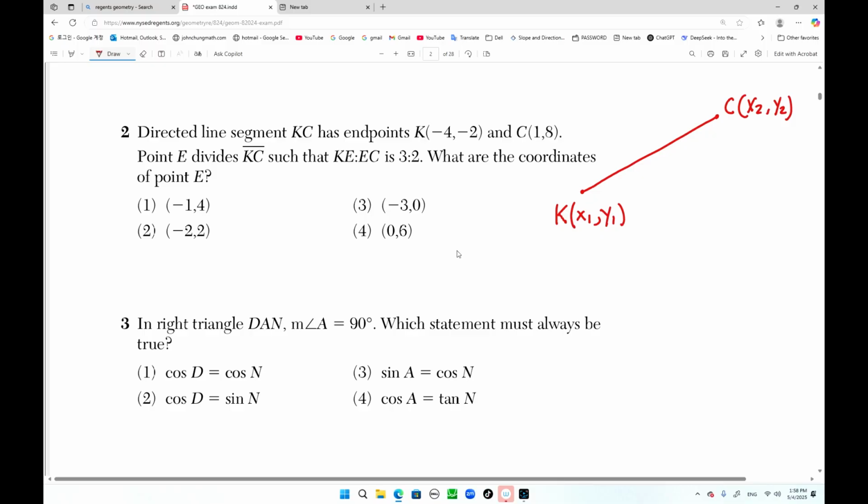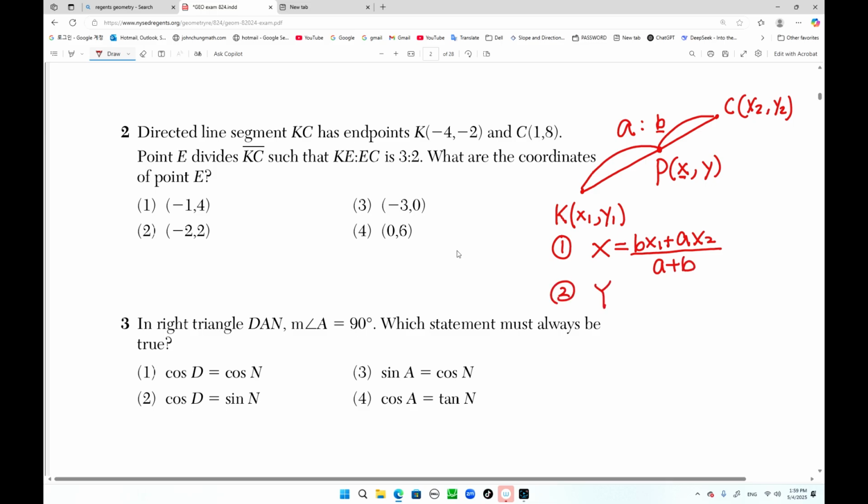This is divided 3 to 2, I'm going to do A to B. This is the ratio, A to B. So this is the point P, coordinate will be X and Y. So the first one, X coordinate of point P equals B times X1 plus A times X2 over the sum of the ratio, A plus B. Y coordinate, yeah, we plug in the change into Y coordinate, okay?